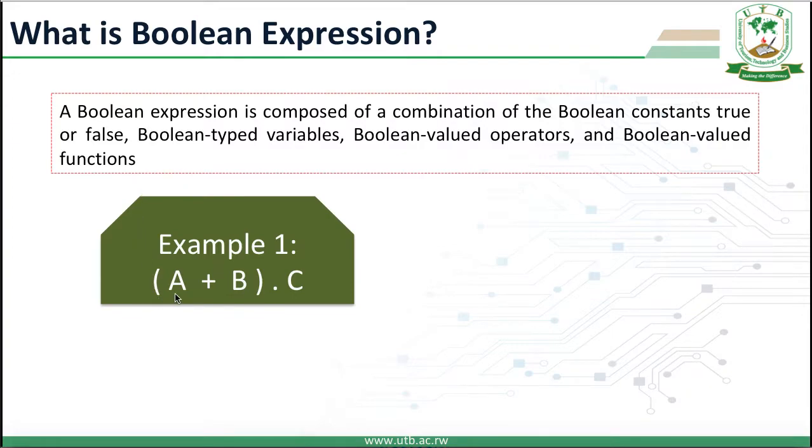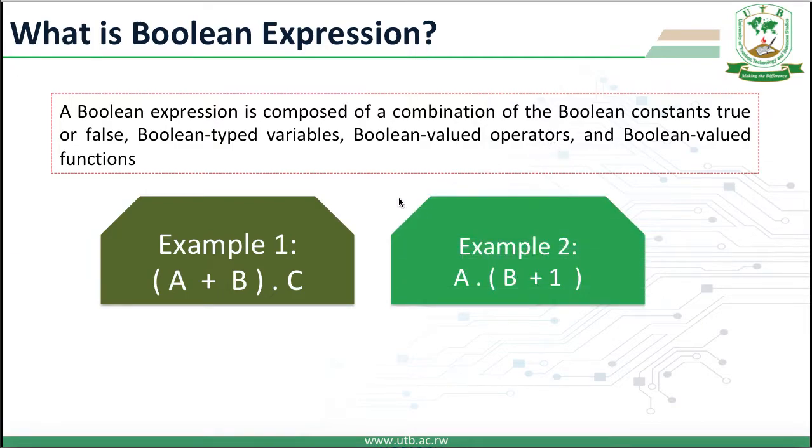I'm writing an example, a plus b dot c, where a, b and c are Boolean typed variables, and plus and dot are operators. Plus is an OR operation and dot is a multiplication, like an AND operation. So this plus and dot are Boolean valued operators.